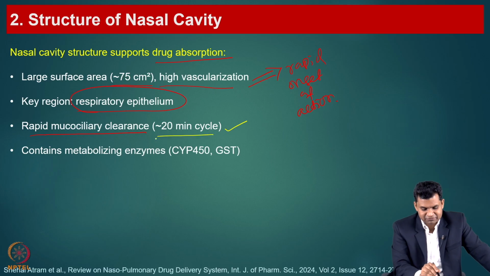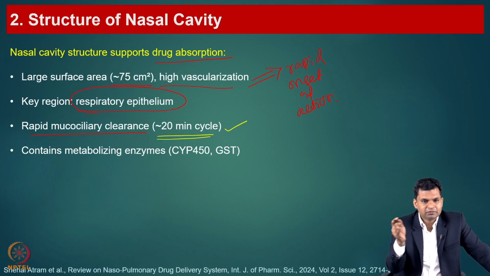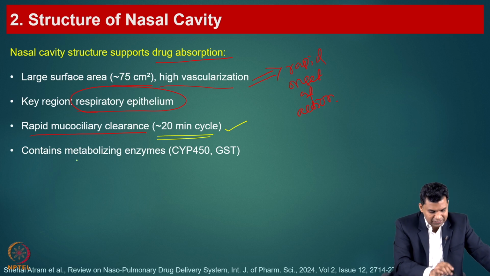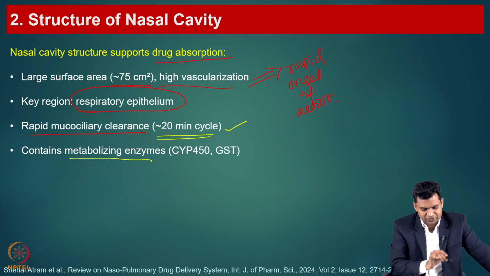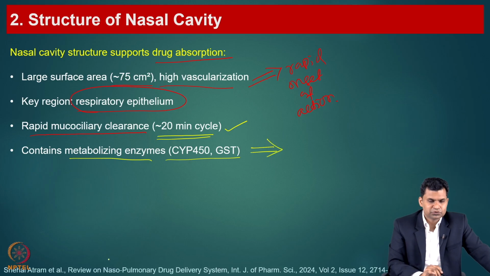The time is very short. Within 20 minutes the cilia will remove the formulations with the help of the mucus. So, that is also one of the major limitations, and the mucus also contains enzymes that will degrade our molecules.